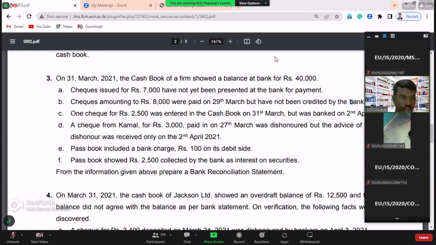No. Then MS 121, is MS 121 online? Yes, sir. So show your answer, please. Whether it is right or wrong, you have to show your answer. MS 121. No.